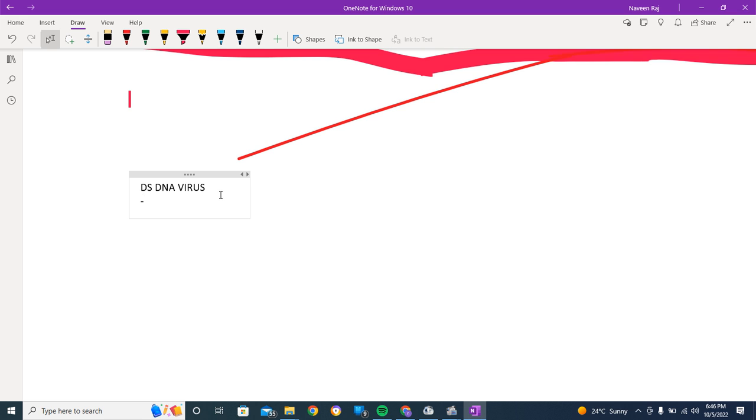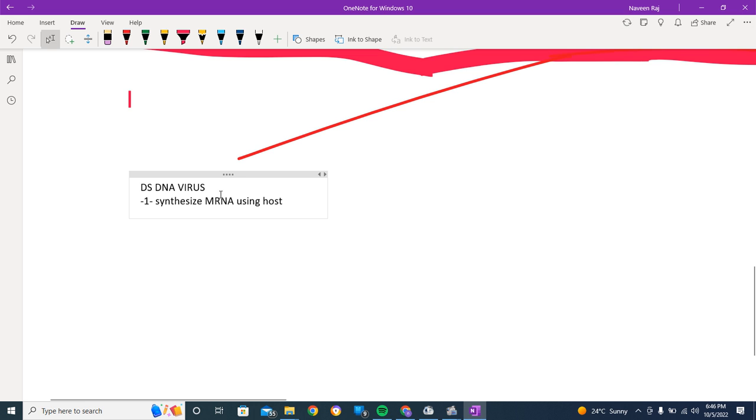But in a double-stranded DNA virus, the first step when it enters the cell is to synthesize mRNA using host cell machinery.